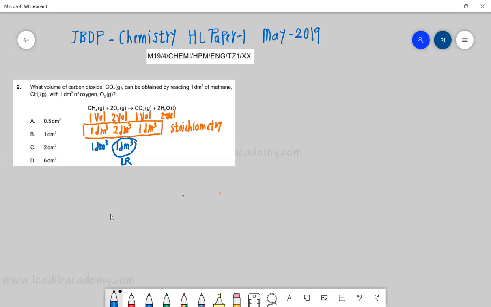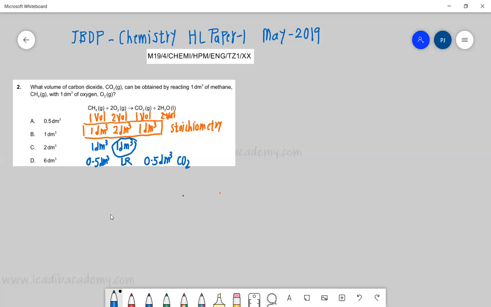As per the stoichiometric equation, oxygen needs half of its volume. So it can react with 0.5 dm cube of methane to produce 0.5 dm cube of CO2.